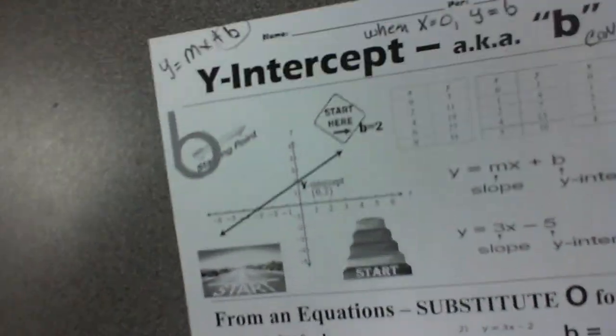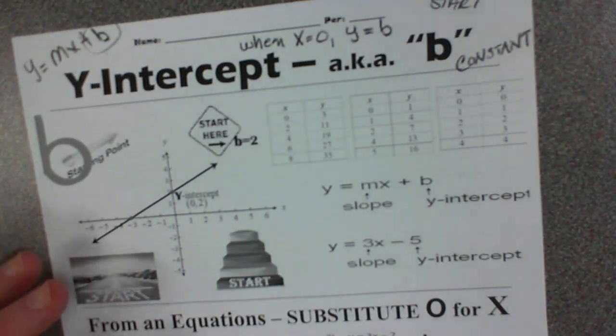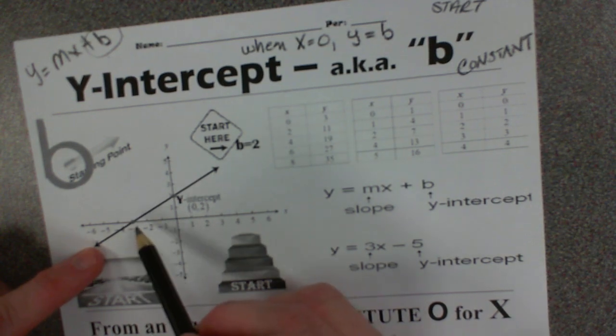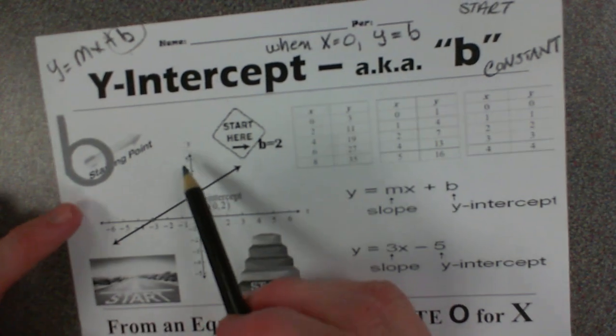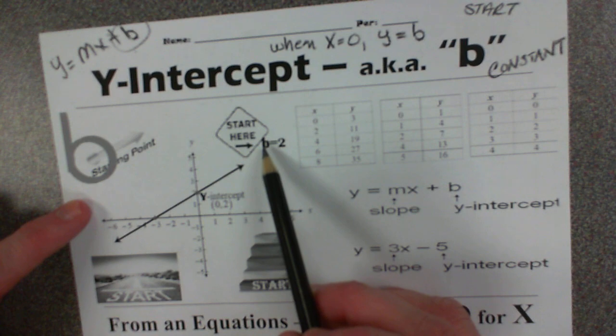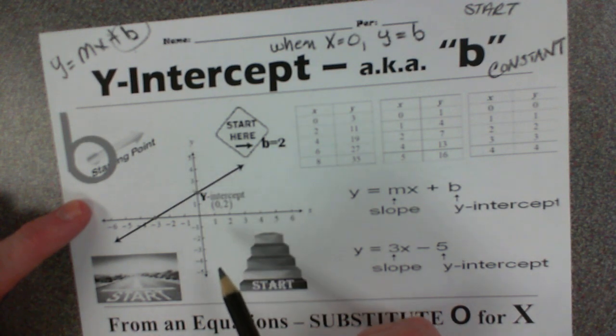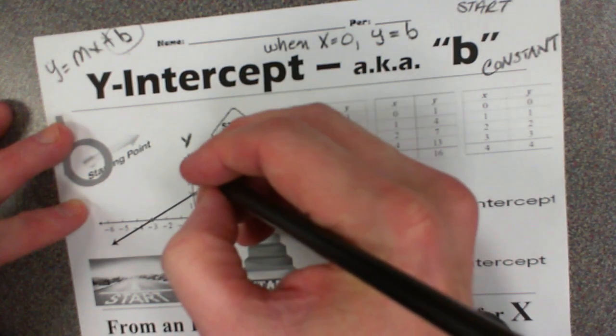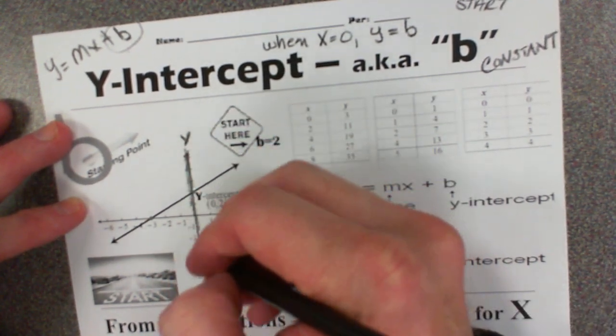So let's see how that shows itself in different scenarios. When you see this graph, here's a graph of a line. B is the starting point for the line, wherever it crosses the y-axis. So put a big Y up here, and let's bold the y-axis.